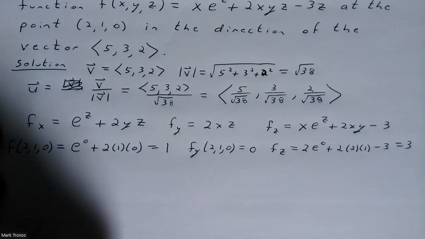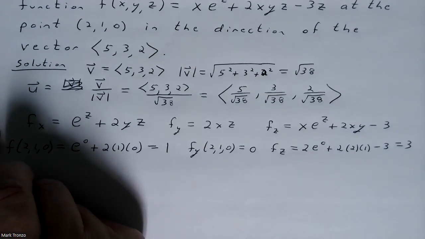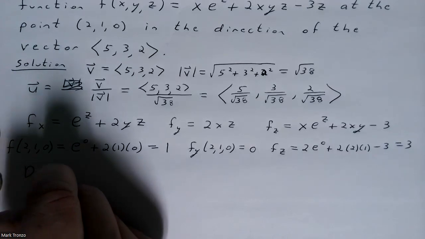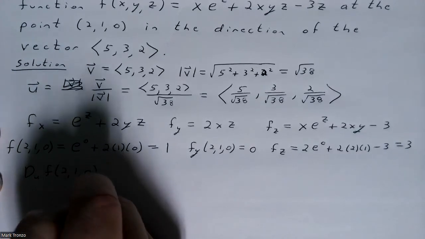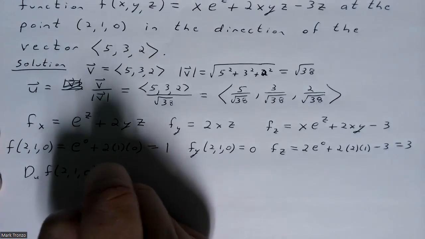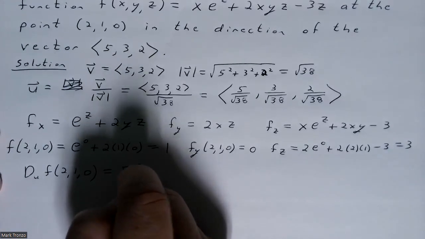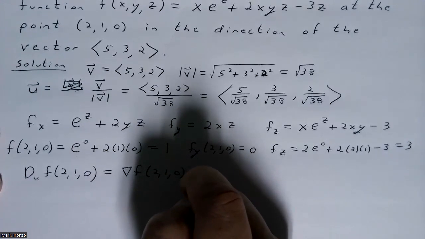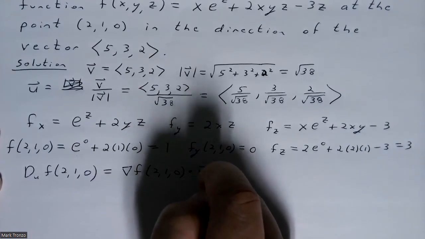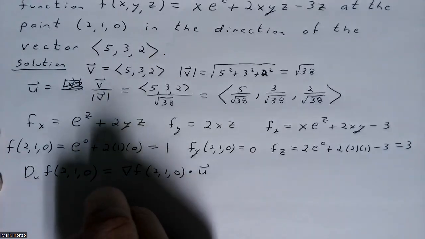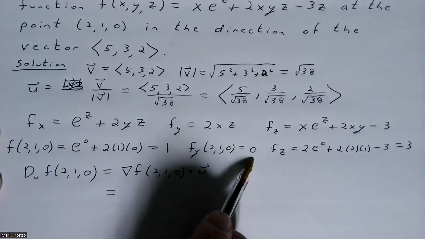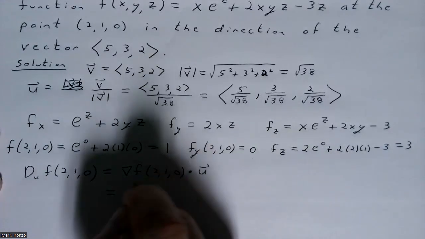And so we have everything we need. So remember, the directional derivative at that point is going to be the gradient evaluated at that point, dotted with the unit vector. And the gradient we found was 1, 0, 3.